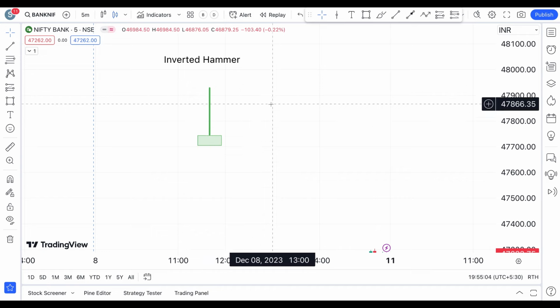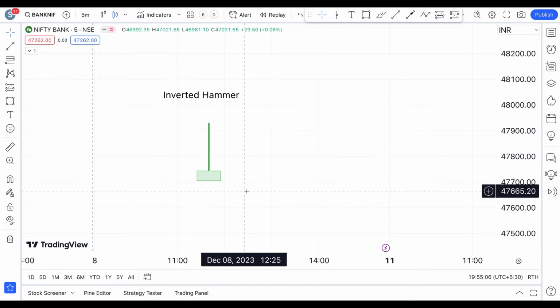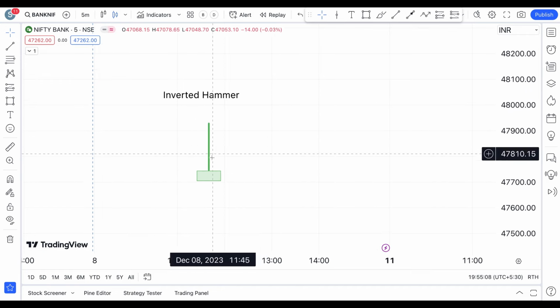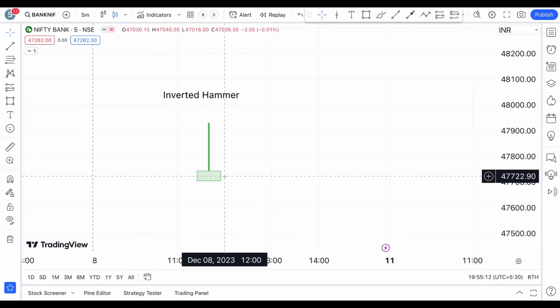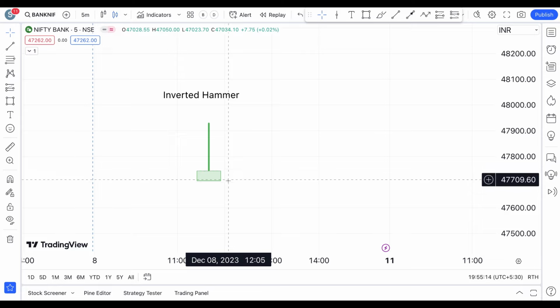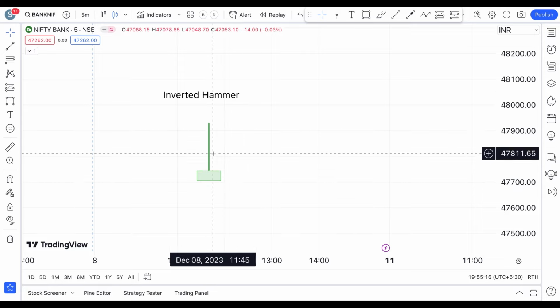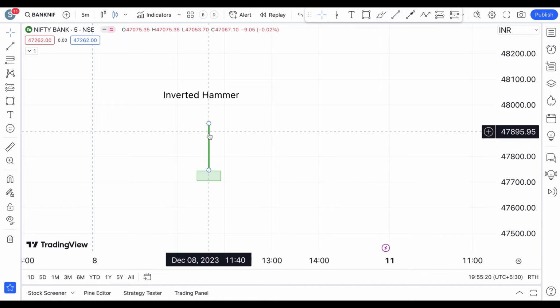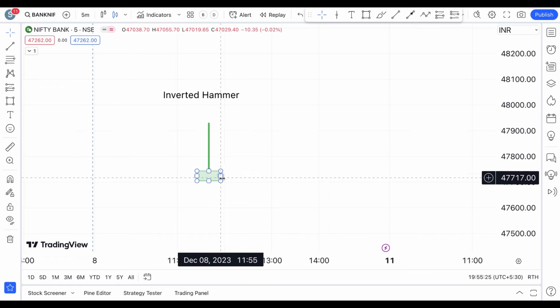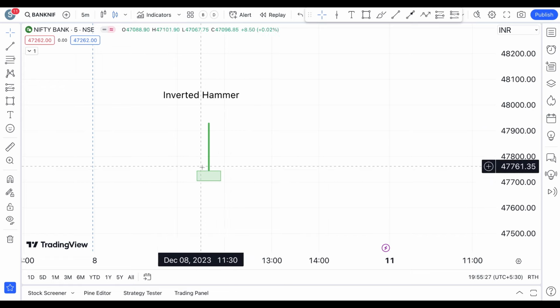This is a typical shape of an inverted hammer. This is the anatomy of the candle, where you would like to see the open and the close towards the bottom range of your candle. And you need to definitely have a wick towards the top, which is more than 2 or 3 times the bottom part.